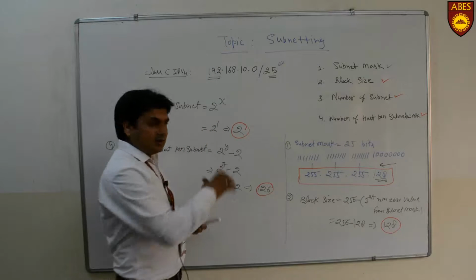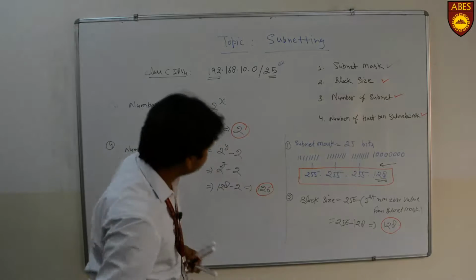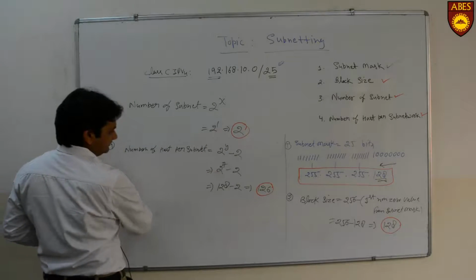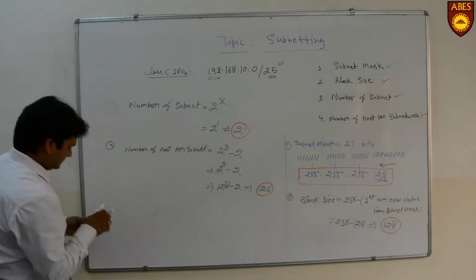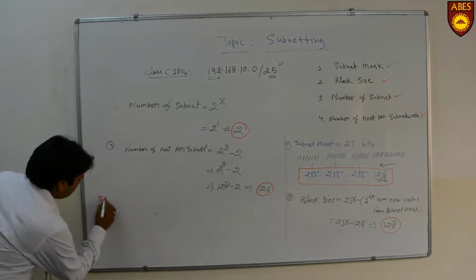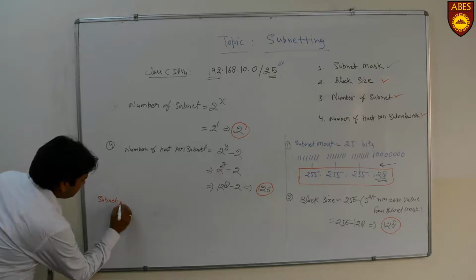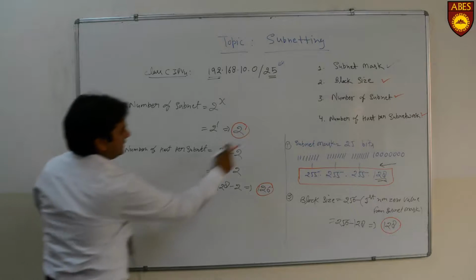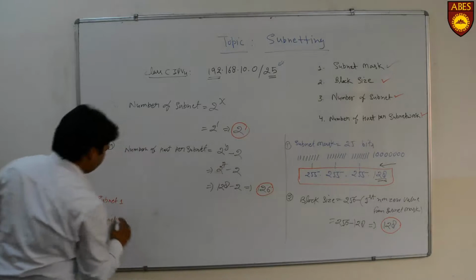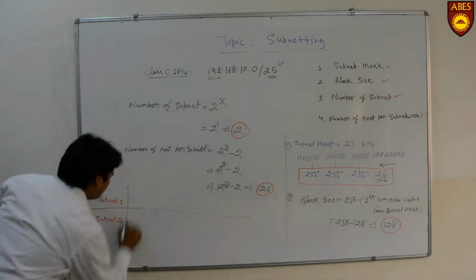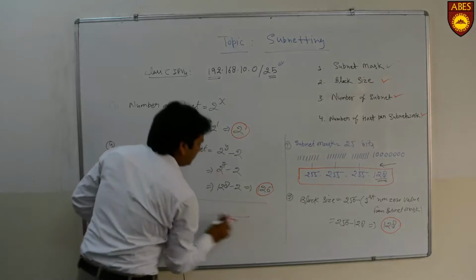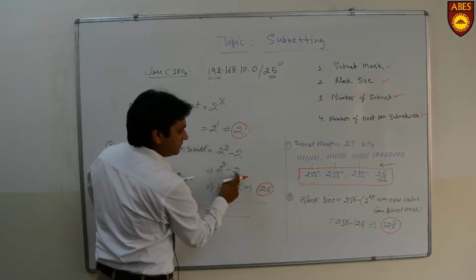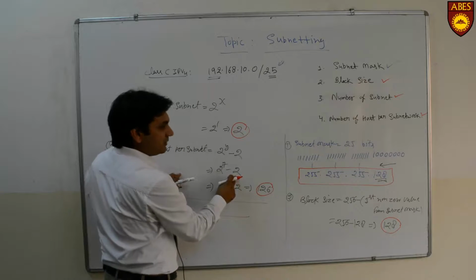Let us summarize these answers in the form of a table. How many subnetworks do we have? We have 2 subnetworks, subnetwork 1 and subnetwork 2. For each subnetwork, why do we subtract 2 from 2 to the power y?